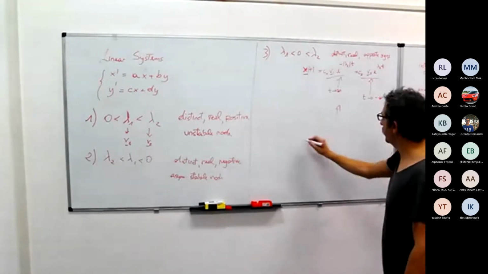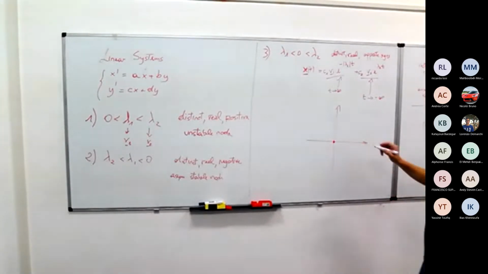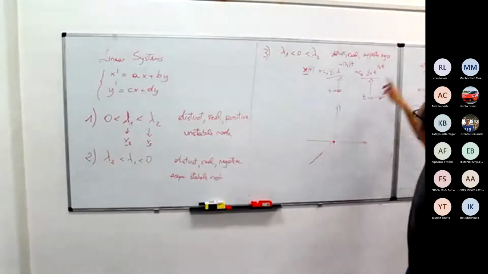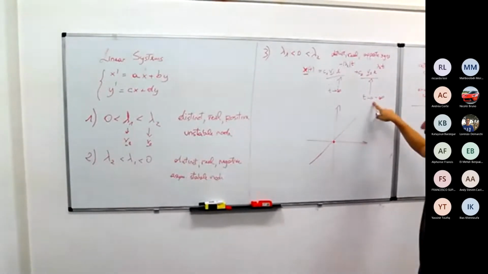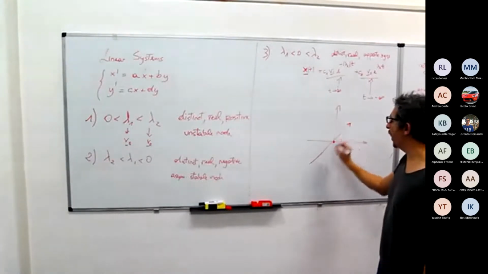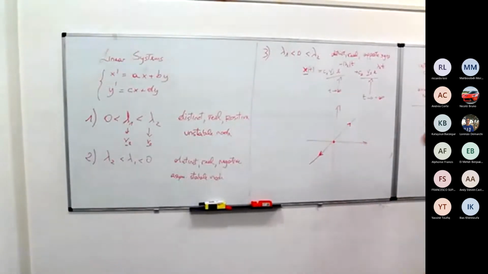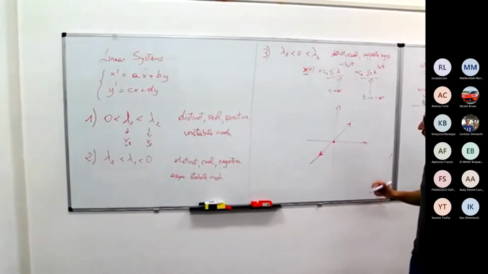So the idea is, broadly speaking, that we have the critical point here. Suppose that this one is the part related to V2, the one which is parallel to the vector V2. Since this is approaching 0, 0 when t is going to minus infinity, it means that as time goes by, these two lines are leaving from the critical point 0, 0.